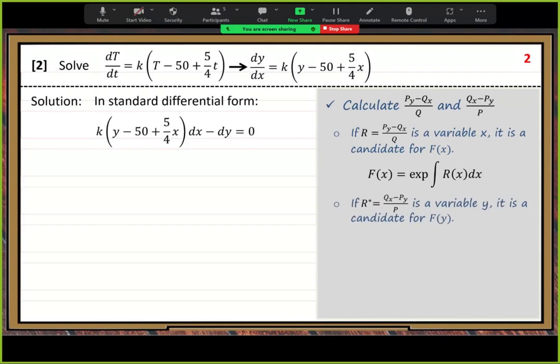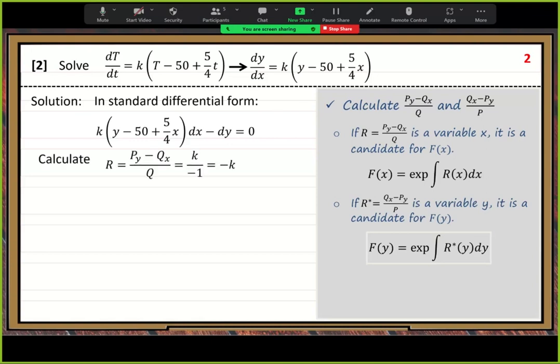The second option, r star, this fraction, if it is a variable of y, then we calculate the integrating factor f of y using this formula. That's what I copied from module 1 part C. Put it aside. So we can calculate the integrating factor here.